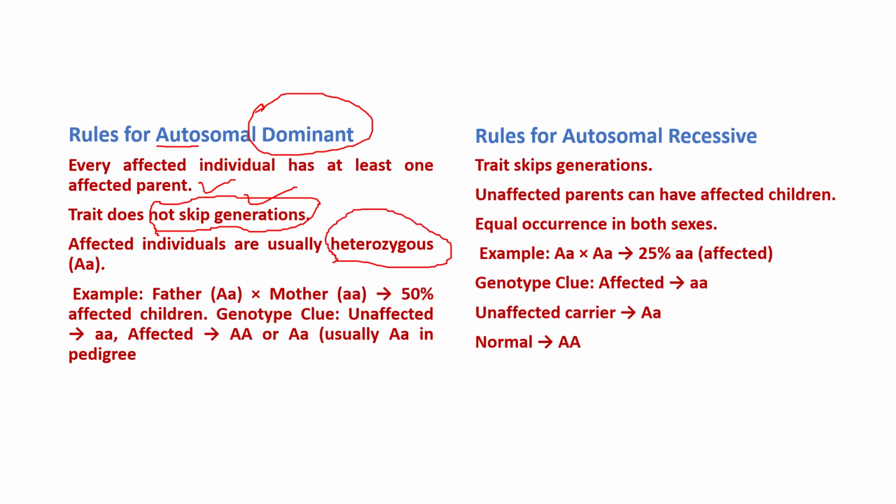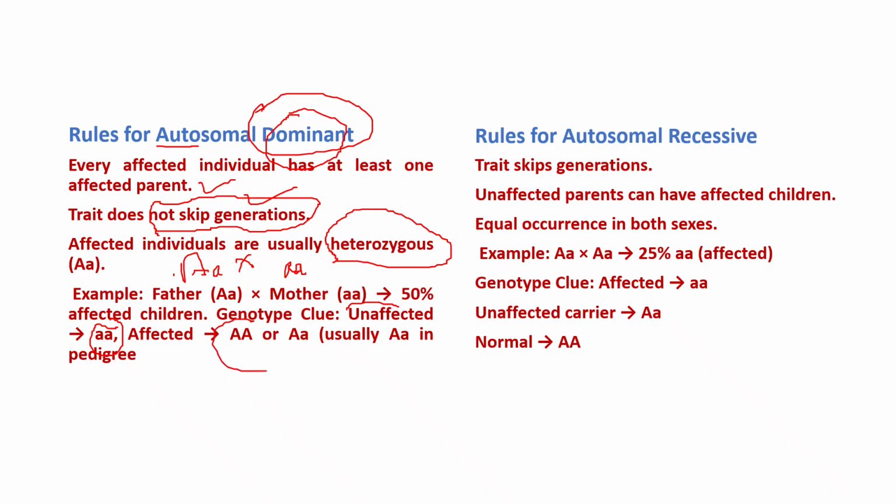For example, if the father is heterozygous, crossed with a mother who is recessive, 50% of the children will be affected. Why unaffected? Here we are mentioning dominant, we are not mentioning recessive. Unaffected will be seen only in recessive.